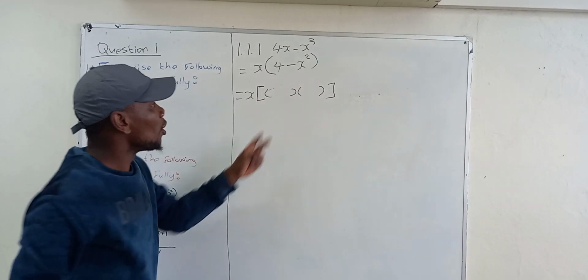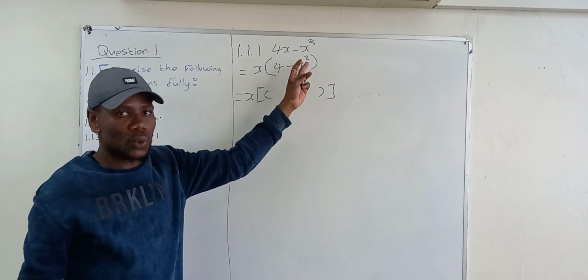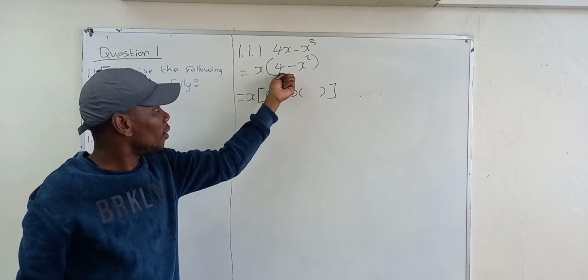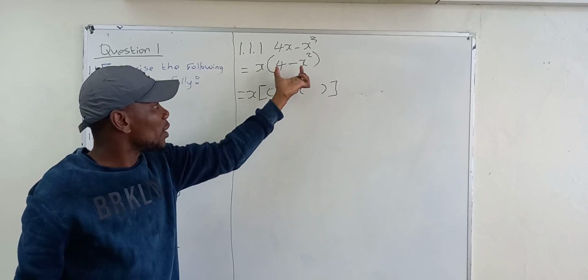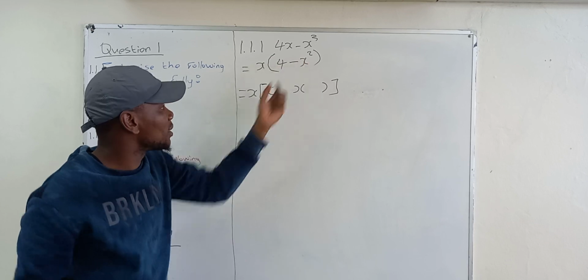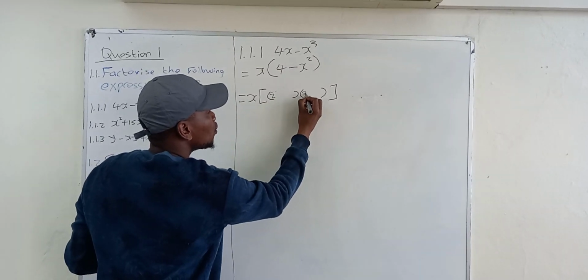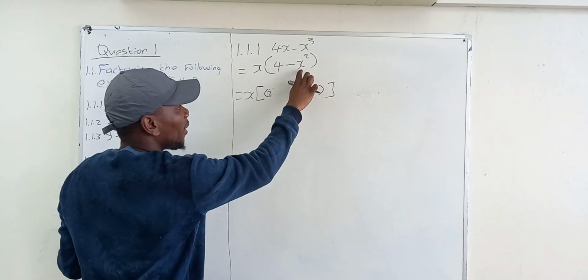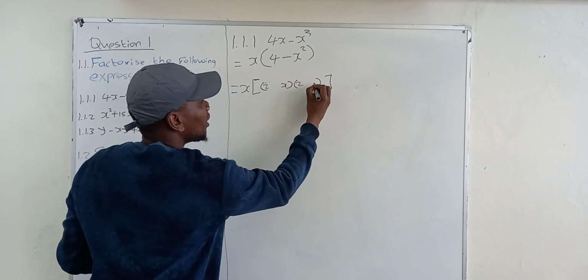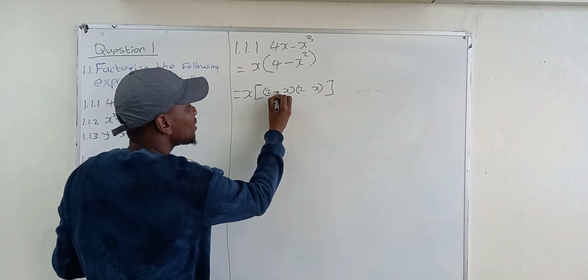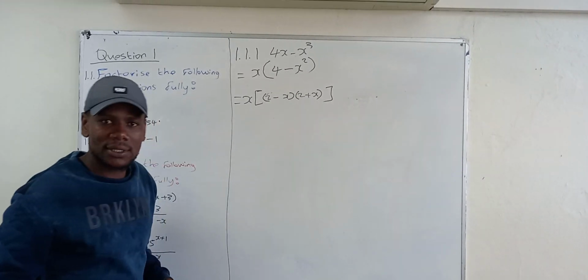Sorry, guys. We have 4 minus x squared. So we want the square roots of 4 and x squared because we're having difference of 2 squares. Then if you factorize this one, we have 2 here and 2 here. Then for x squared, we'll have x here and then x here. So the sign will be minus here and positive here.